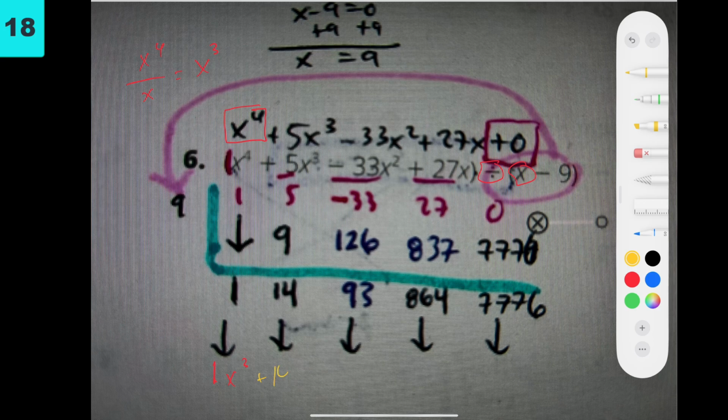And you just count down: 14x to the 2nd. So 3, 2, this will become positive 93x. This is 864. And then this one will be your remainder over the divisor, which was x minus 9.